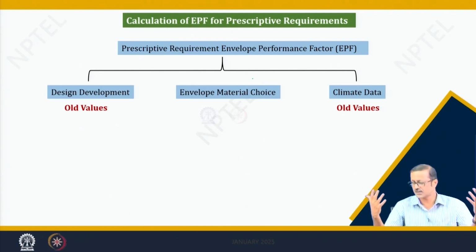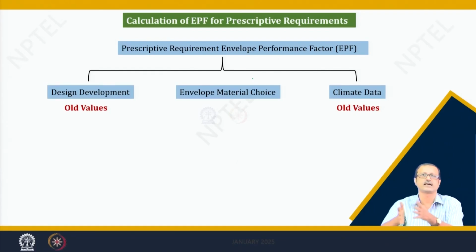So, your fenestration areas are fixed, your wall surface areas are fixed, your roof areas are fixed, and whatever else is fixed, you have to take the old values. The old value areas I will take for my new equations for the prescriptive requirement. The climatic data, that means the C factor, has to be taken from the old values, because I am not going to change the location.